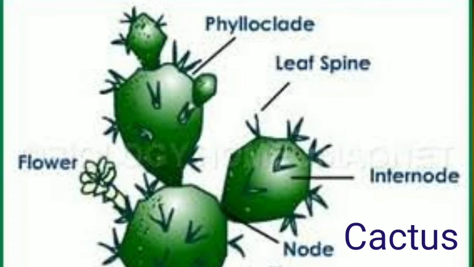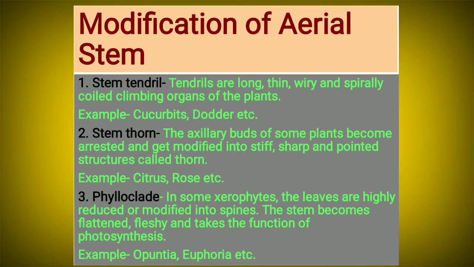The leaves are highly reduced or modified into spines. There the leaves get highly reduced in their structure, and the stem gets swollen or modifies into a flattened structure, as we can see in case of Opuntia, Euphorbia, Casuarina, etc.